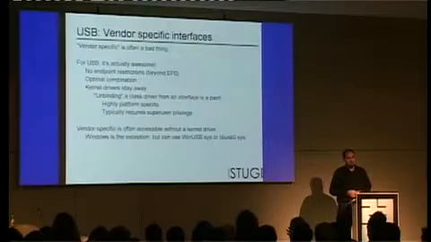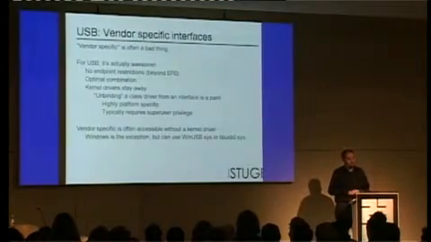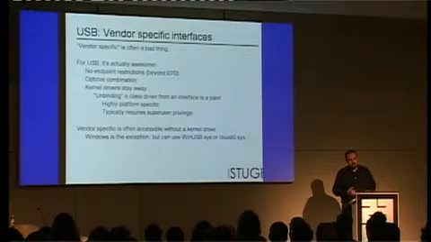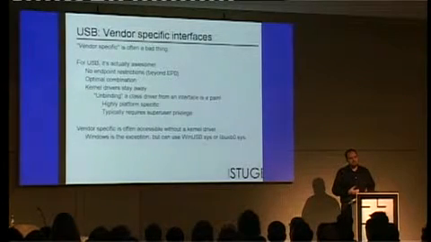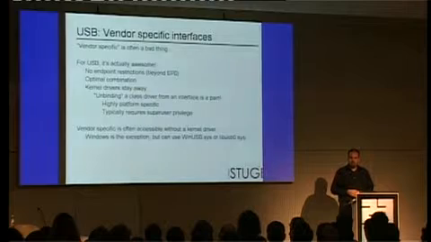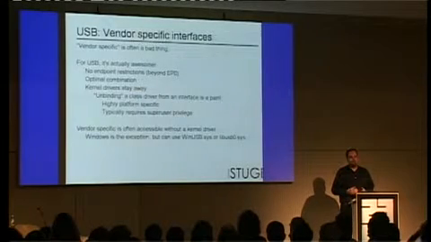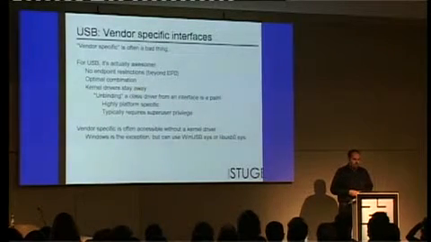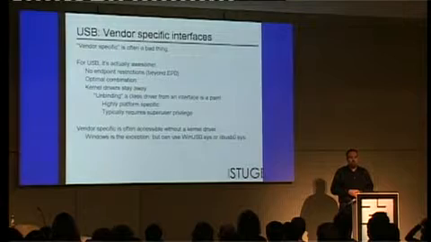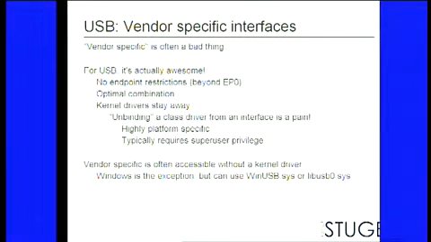Then there's the exception, vendor-specific interfaces, and I really like these. Now, vendor-specific is a lot of times a bad thing. It's difficult to deal with and a hassle and not really something you associate happy thoughts with. But for USB, I think it's actually awesome because there are no endpoint restrictions on the device beyond endpoint 0, of course.